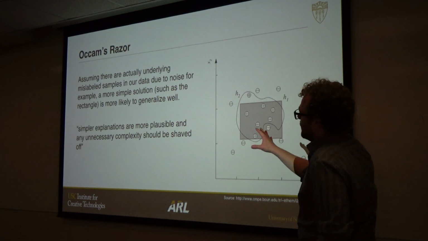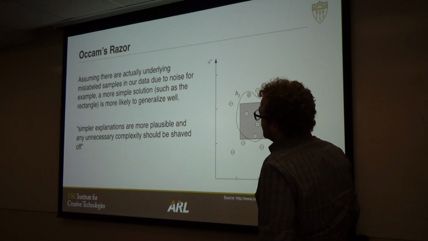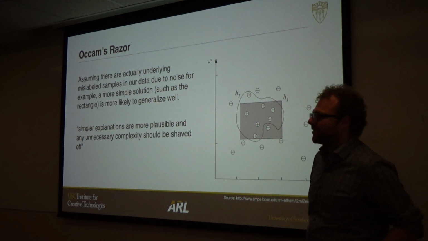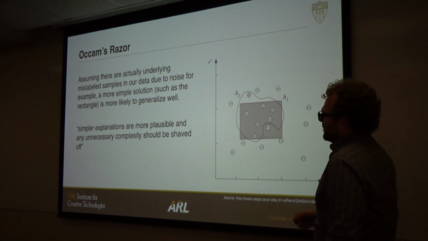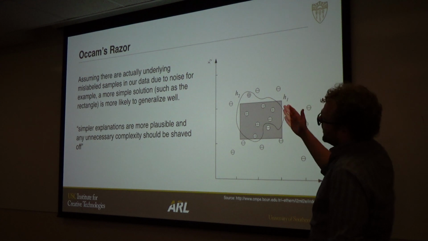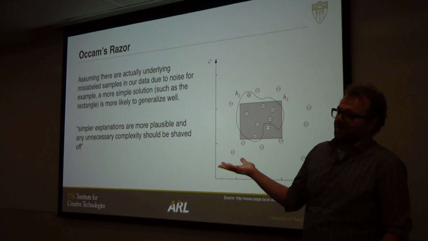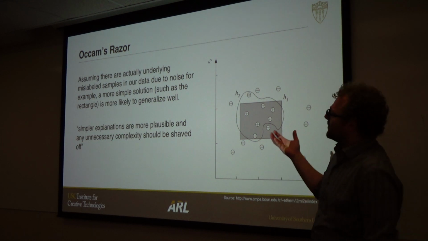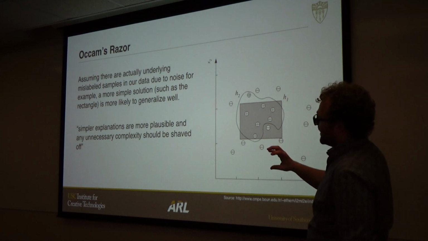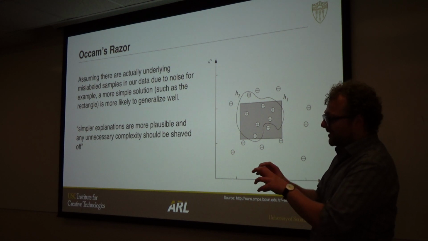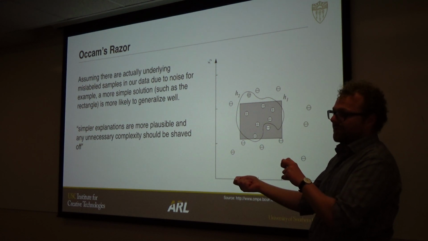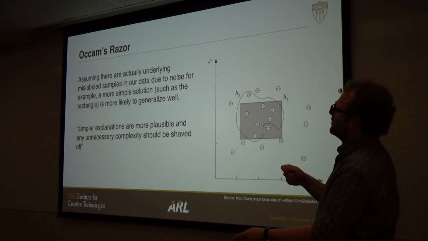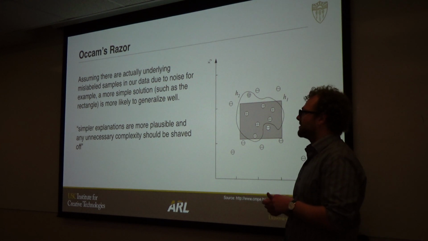Also, we've got a slide just summarizing Occam's razor. This is talked about often in machine learning. If we assume that there are actually mislabeled samples in our data, then if we find something that is similarly good and simple, we should always take the simple one rather than the complex one, because the simple solution is less susceptible to noise.